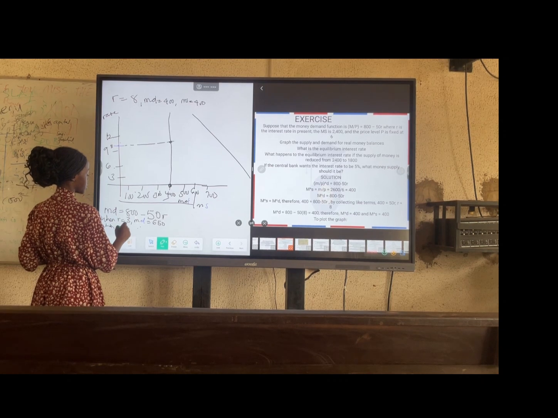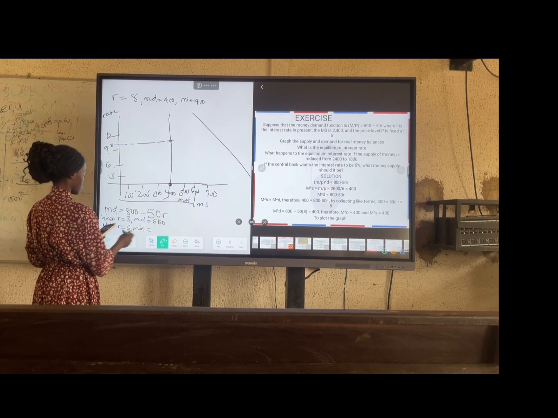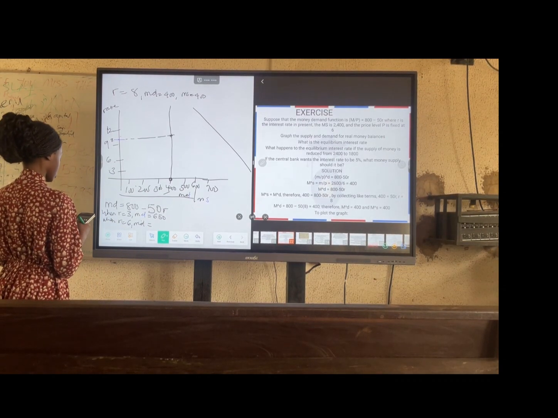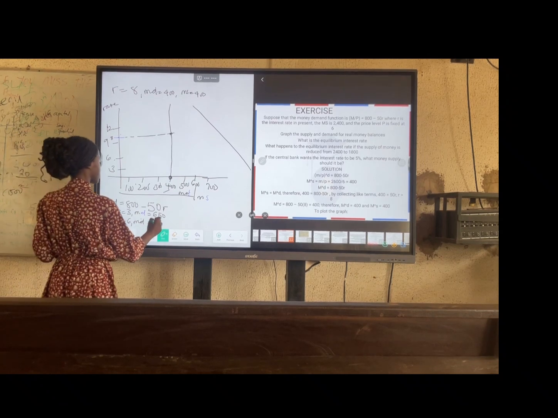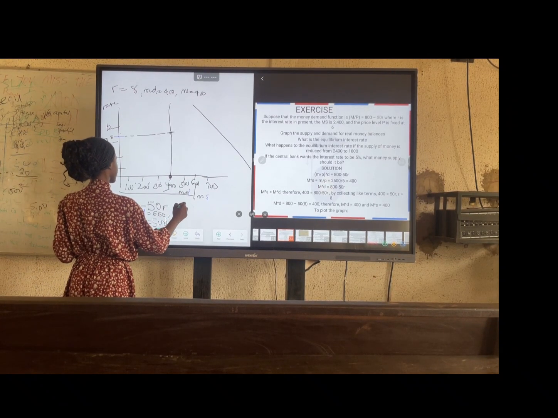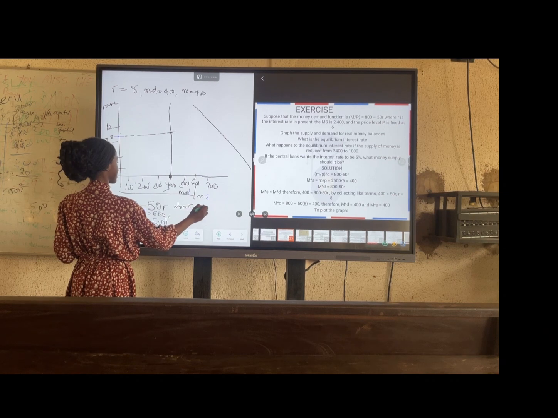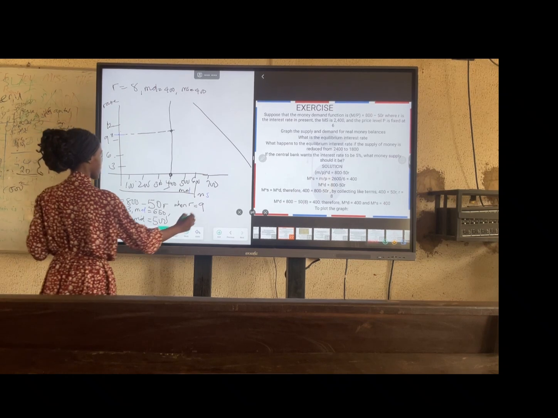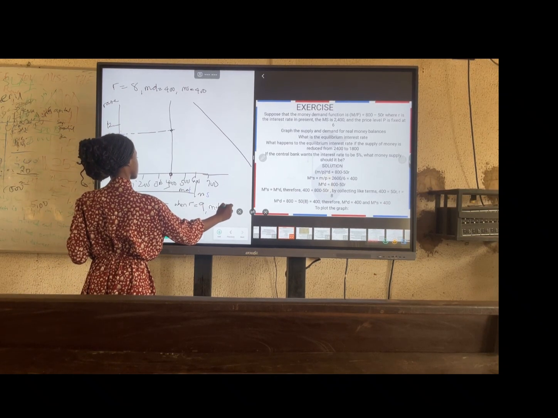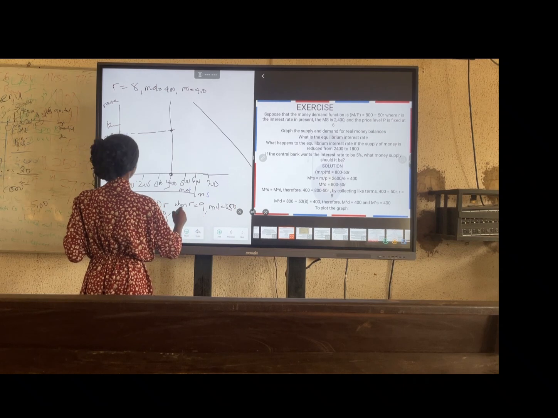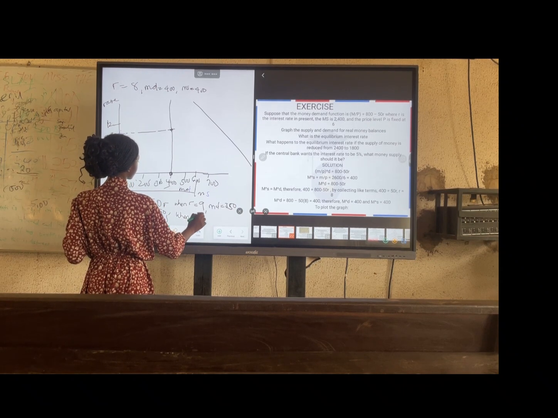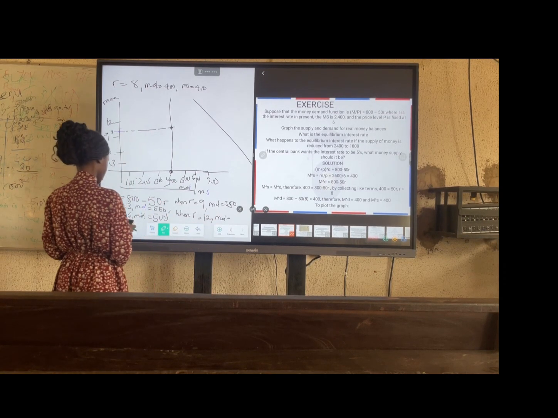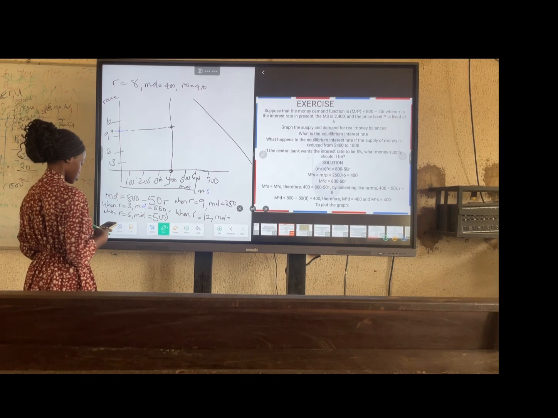When R is 6, money demand equals 800 minus 50 into 6, which is 500. When R is 9, we have 350. And when R is 12, we have 200.